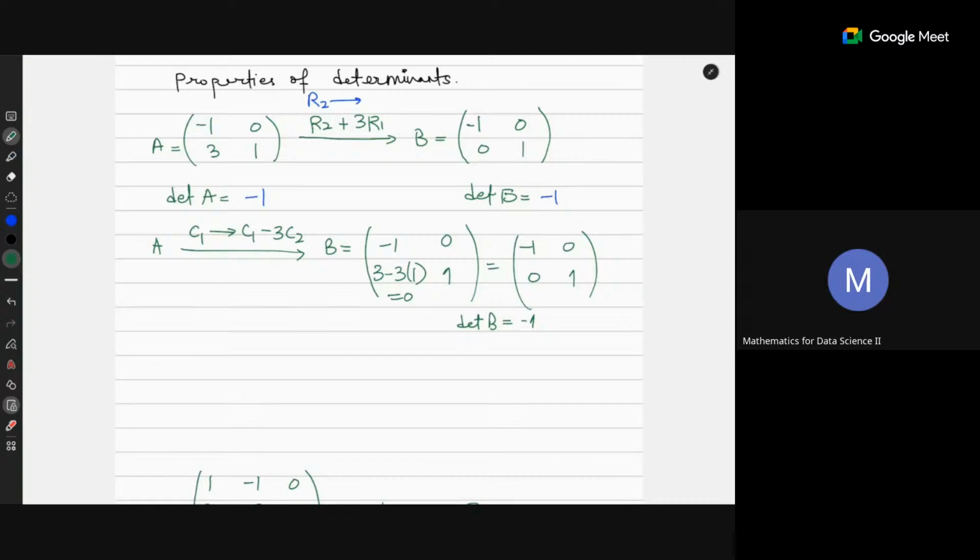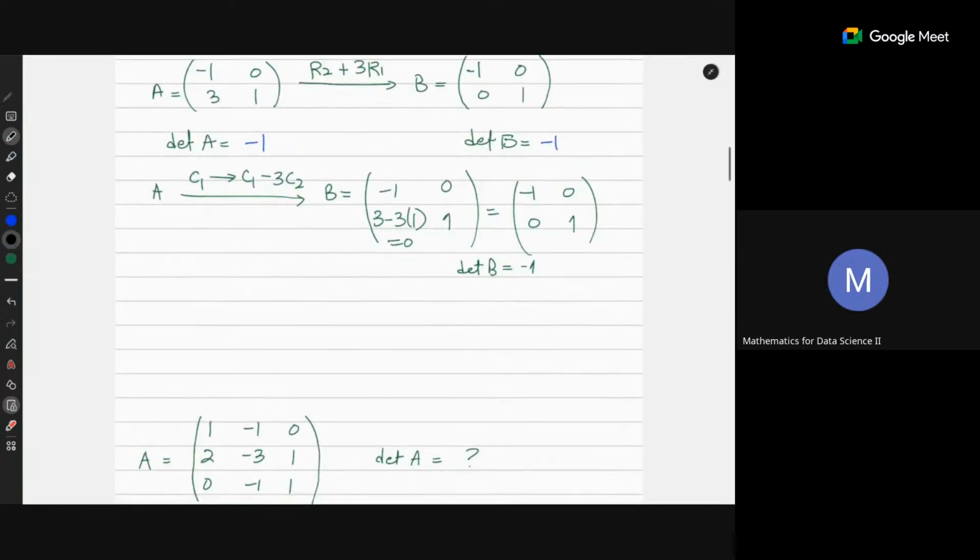Okay, so let me write down that property. Adding multiples of a row to another row leaves the determinant unchanged.